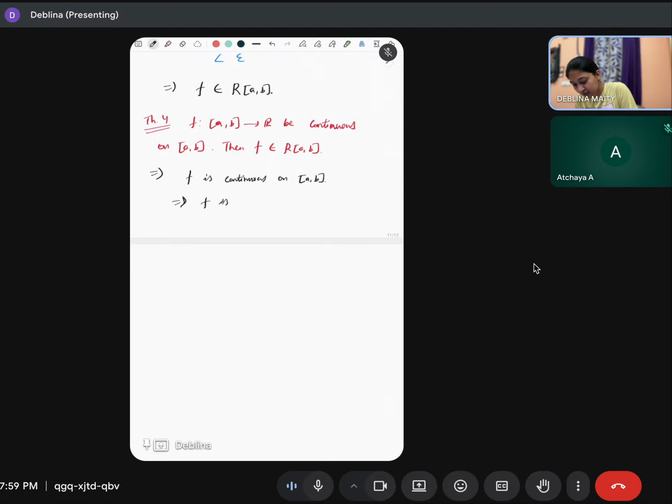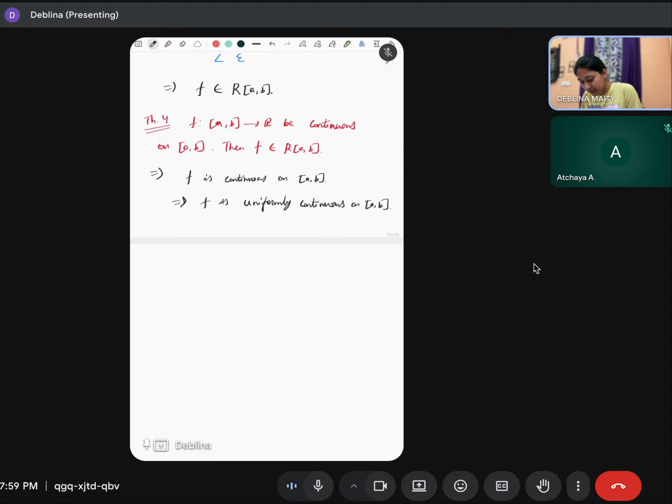So f is uniformly continuous on [a, b], right? Now since it is uniformly continuous, for the epsilon delta definition, this delta will depend only upon this epsilon, right? Not on the point.